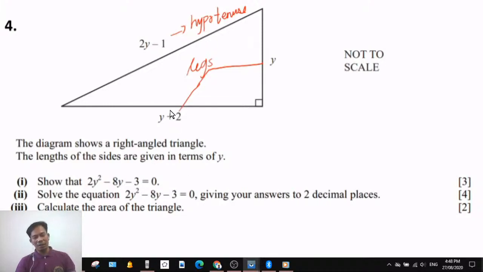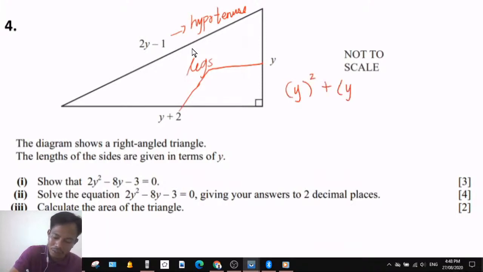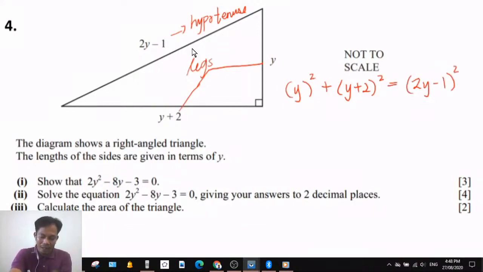Because I can relate y plus 2 and y to 2y minus 1 by writing y squared plus y plus 2 squared is equal now to 2y minus 1 squared. Where did I base this one? I base this with a squared plus b squared is equal to c squared, which is your Pythagoras theorem.